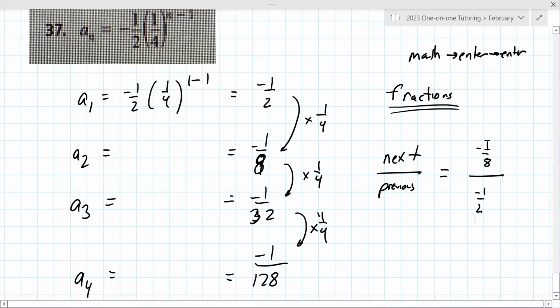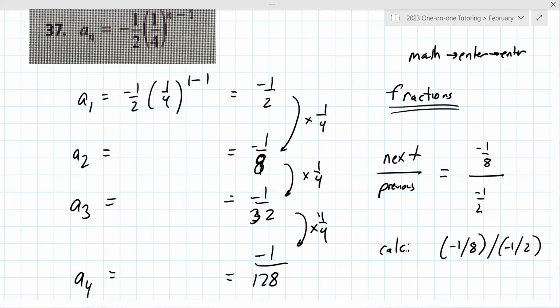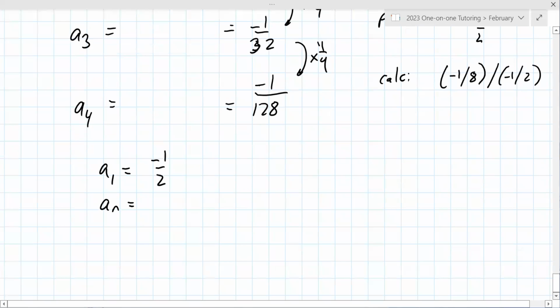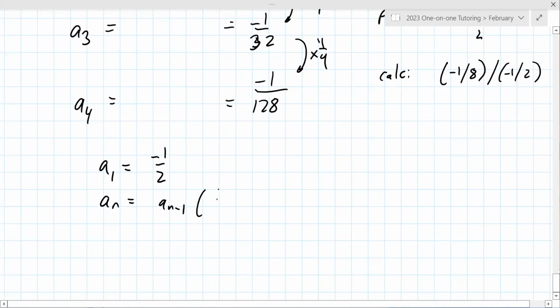You may have to go -1/8 in parentheses divided by -1/2 in parentheses in the calculator. But you should get times 1/4. Okay, so this does give us the recursive sequence. First term is -1/2. The next term is the previous term, An minus 1, times 1/4, like we just discussed.